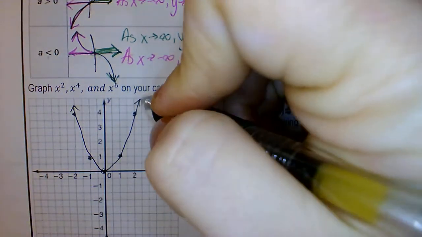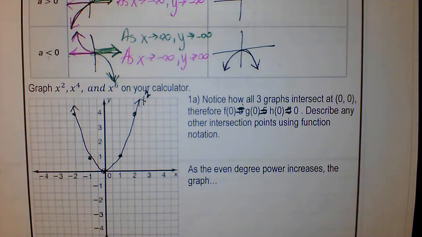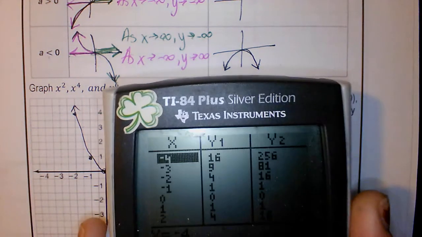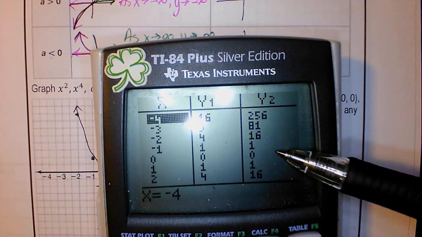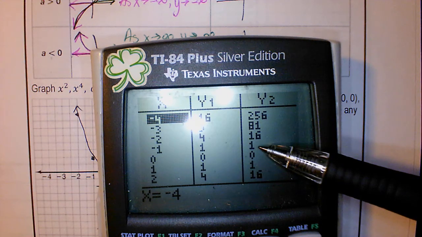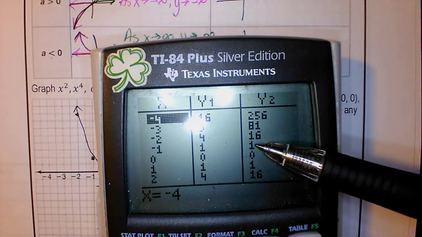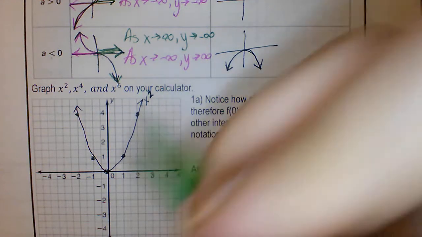Go ahead and label that in your notes, just so we remember which is which. We can see for y2, which is our x to the 4th, we still have 0, 0, we still have 1, 1, and we still have -1, 1. So these 3 points are still there.